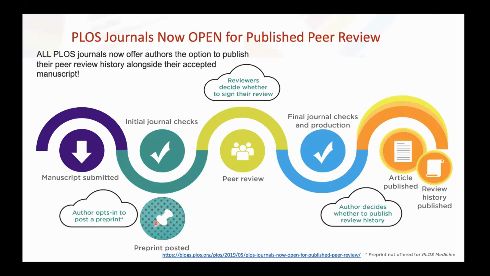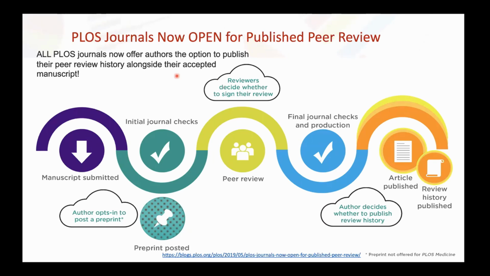This is a very interesting chart given by the PLOS journal, showing the workflow in a PLOS journal. All PLOS journals now offer authors the option to publish their peer review history alongside their accepted manuscript.